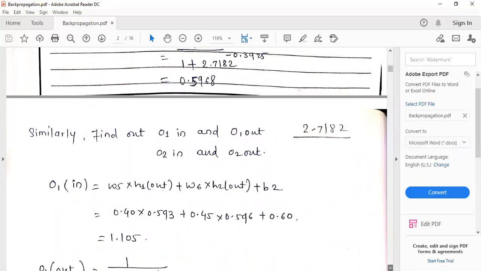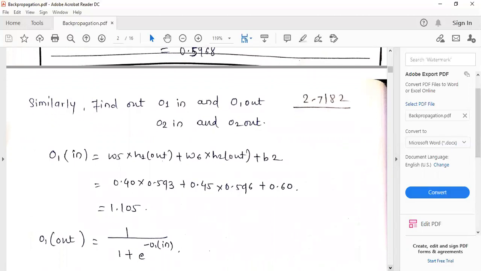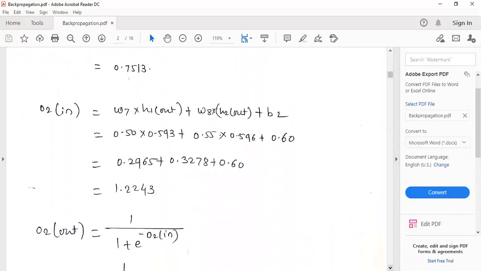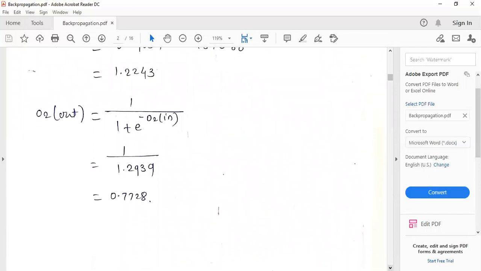For that you have to consider H1 out and H2 out, which we have calculated, and they will go with W5 and W6, and the B2 bias you have to consider here. Then O1 out you have to calculate by using the sigmoid function. Similarly O2 in you have to consider, and then O2 out you have to calculate.